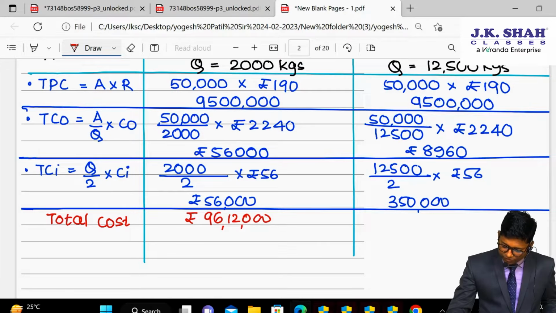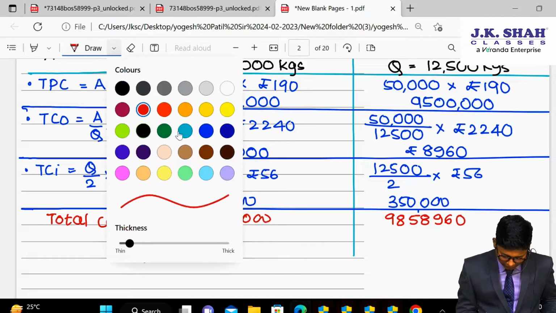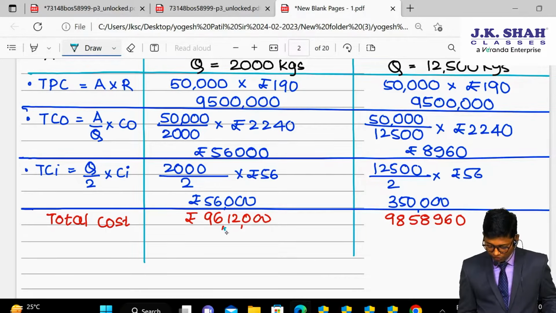When EOQ is not followed, then your cost would be 95 lakhs plus 8960 plus 3,50,000. So it is 98 lakh 58,960. See, after going for bulk quantity also, you are paying more, which is kind of illogical.